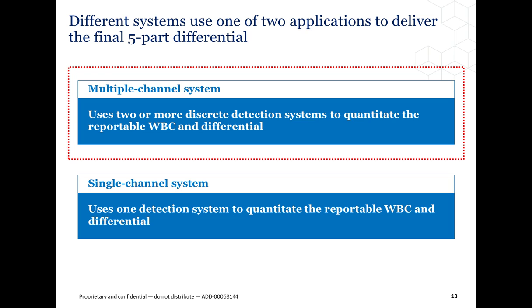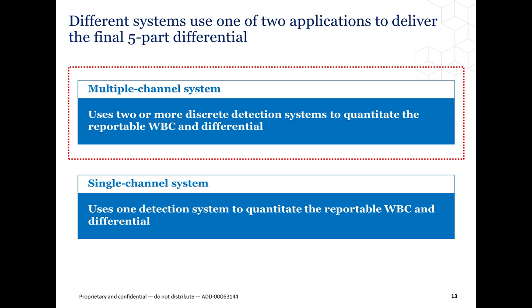The multi-channel approach makes use of 2 or more discrete detection systems to quantitate the reportable WBC and differential. So we're actually making 2 separate dilutions and analyzing them in separate areas of the system.